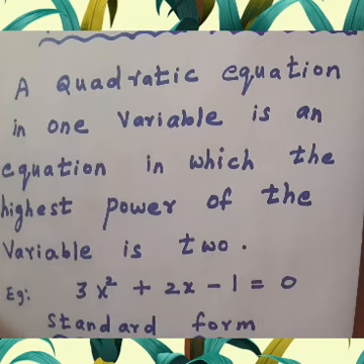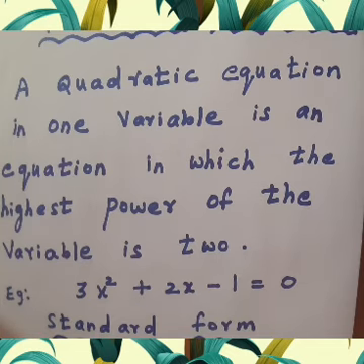The highest power of x here is 2. So you can call this a quadratic equation. Got it, students? So what is a quadratic equation? An equation in which the highest power of the variable is 2.